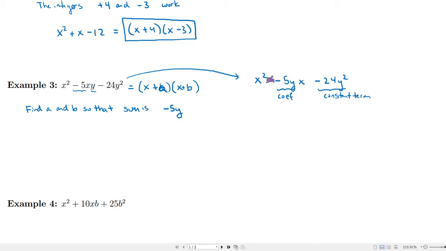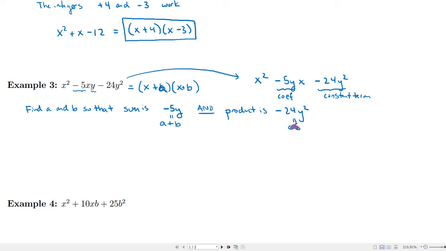I just wanted to rewrite it like this so you could see that the coefficient of x is negative 5y, and the product is negative 24y squared. So if a plus b is going to be this, this is going to be a plus b, and this over here is going to be a times b.